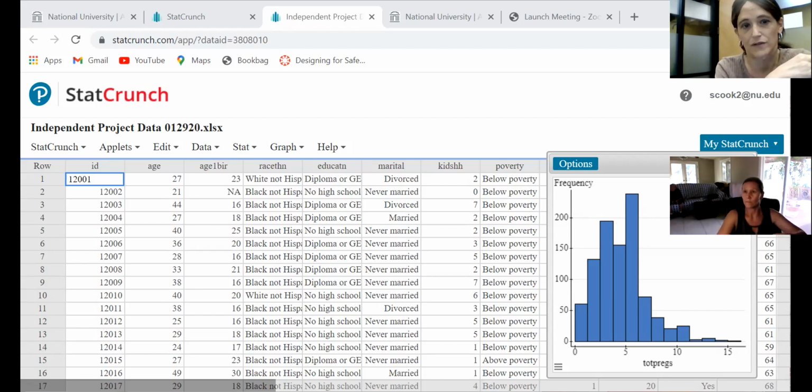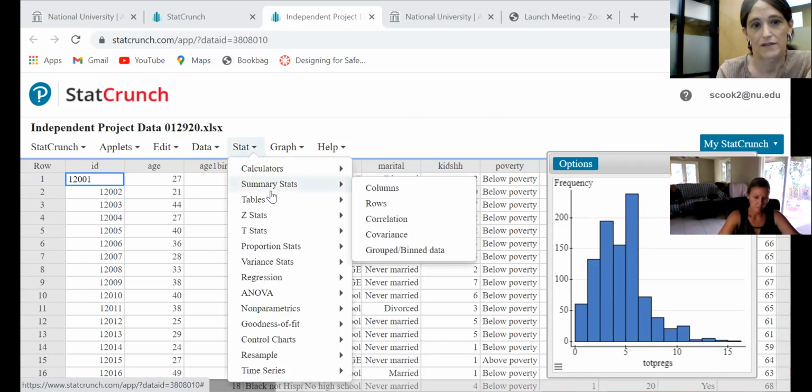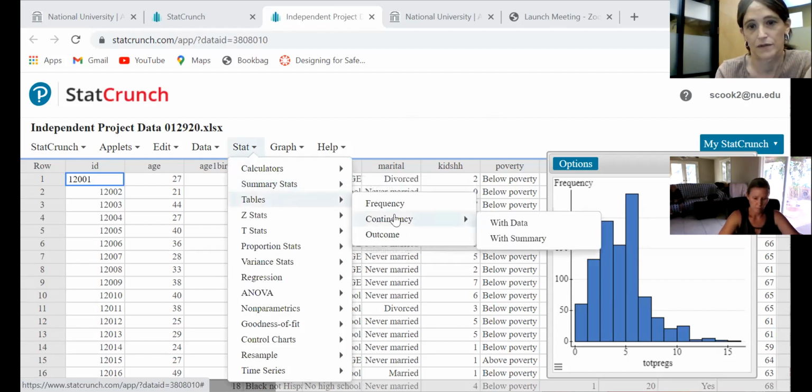Basically, when you use the stat feature and you do any of the things like contingency tables and you use the summary data, it's really using the stats program more like a calculator than a traditional stats program.